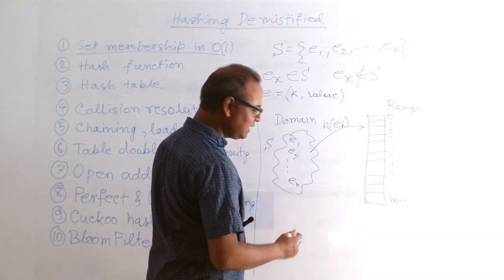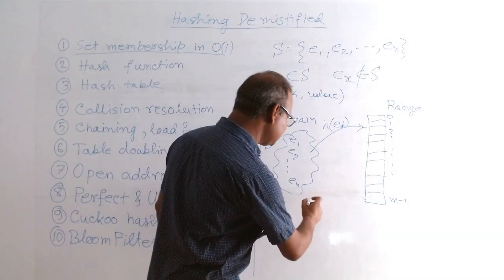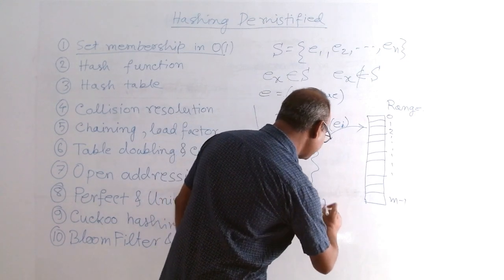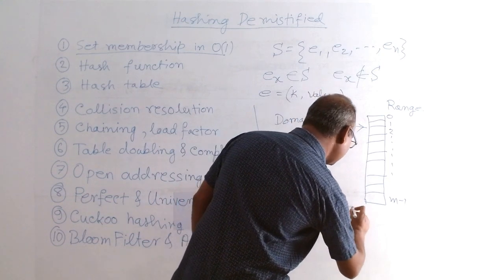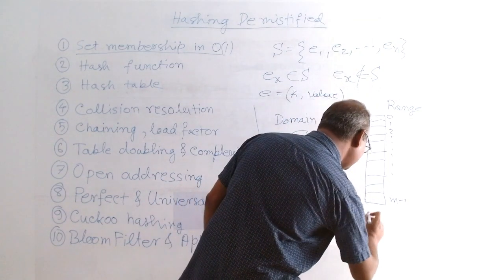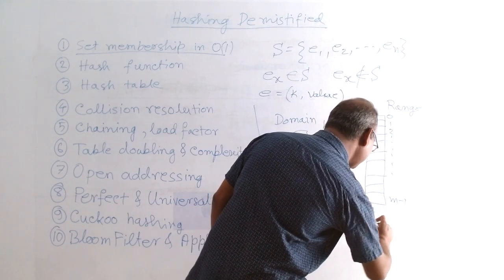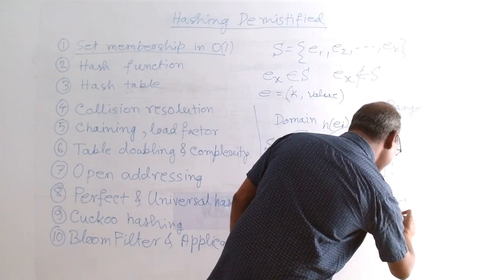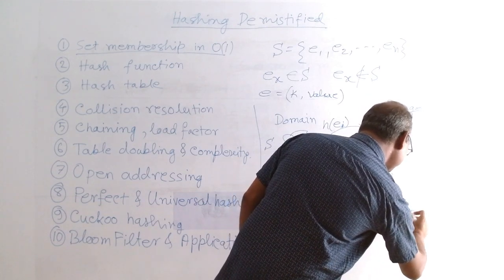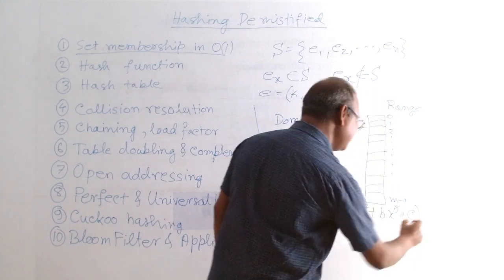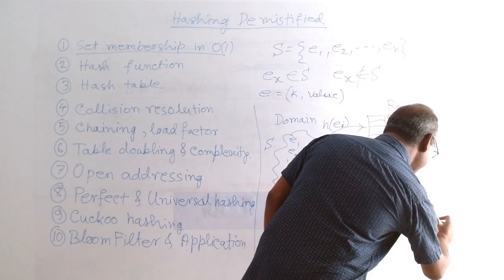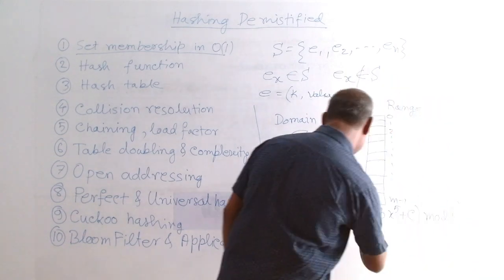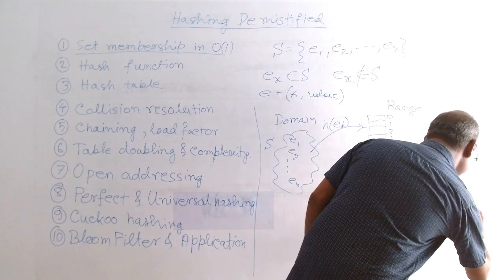Suppose there are many functions we can use. Let's say I'm writing some function h of x equal to a times x to the power 7 plus b times x to the power 5 plus a constant c, this mod p, and then mod m.